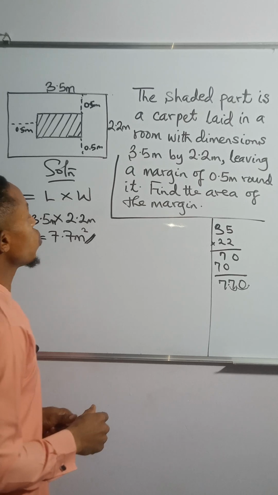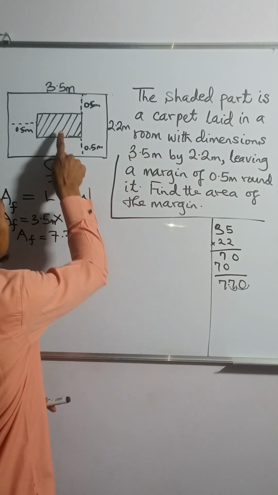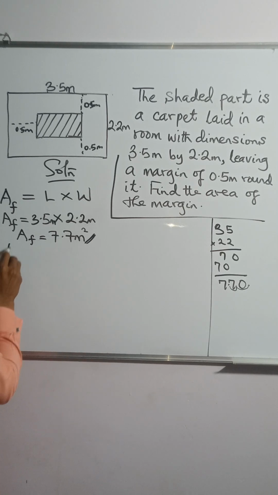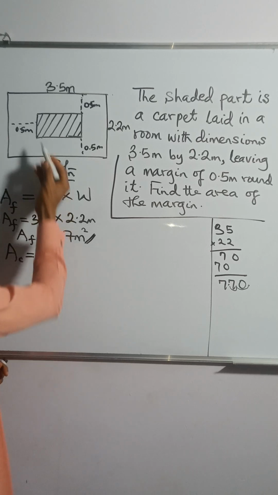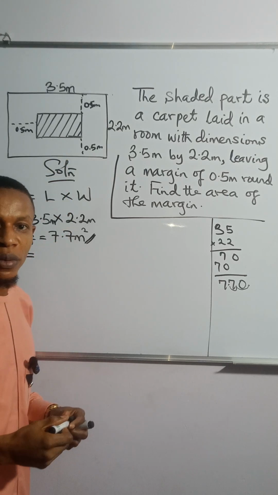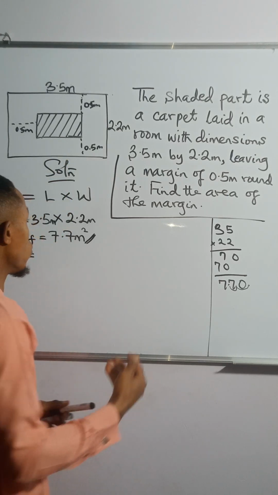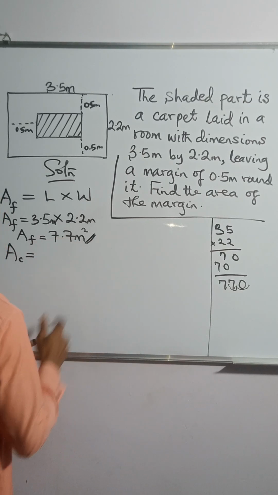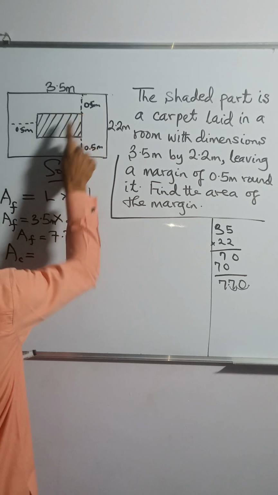Okay, next we are going to obtain the area of the carpet. Let's say that the area of the carpet is A subscript C. The area of the carpet also is a rectangle. So for us to calculate the area, it's going to be the length times the width. Now, what will be the length of this?